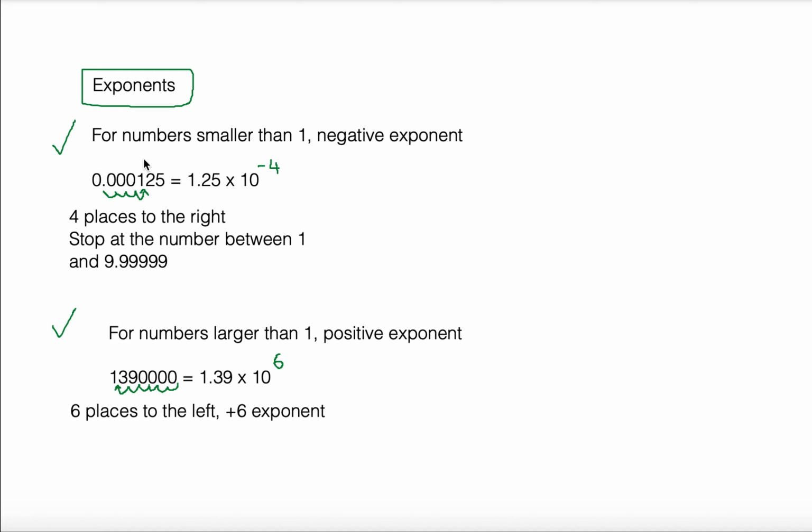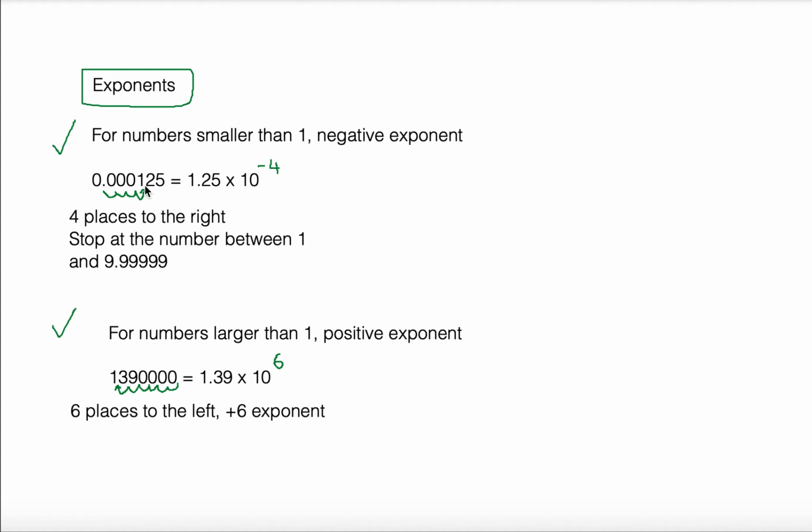One is a quantity that is really smaller than 1, and notice that if it's smaller than 1, it's going to end up with negative exponents. For example, if you have 0.000125, instead of writing too many zeros, scientific notation is great for that. Start at the decimal point and go to the right: 1, 2, 3, 0, and one more.